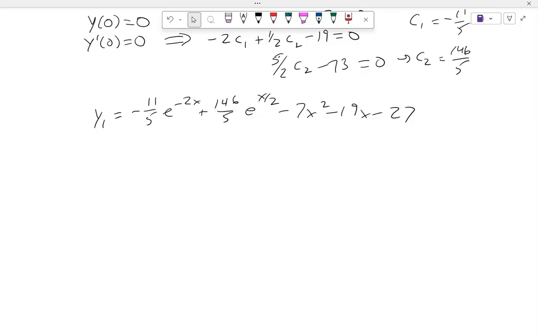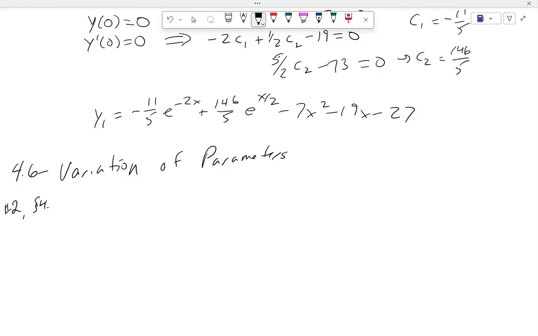But what if we come across something like this? This is number 2 in section 4.6. The title of the section is Variation of Parameters. Number 2 asks us to solve y double prime plus y equals tangent of x.